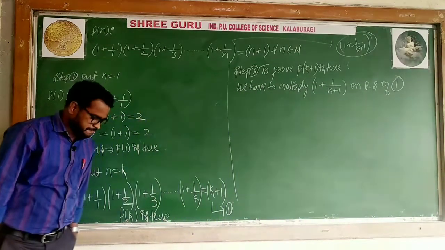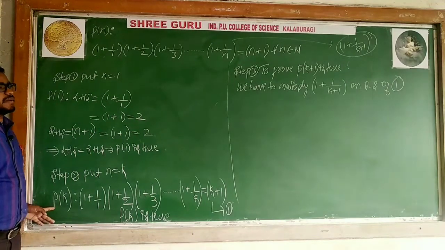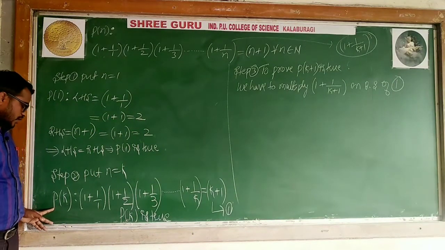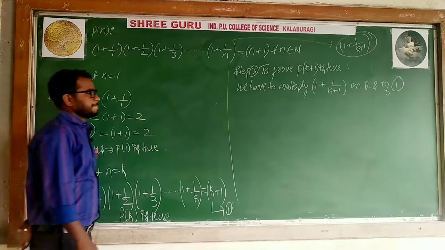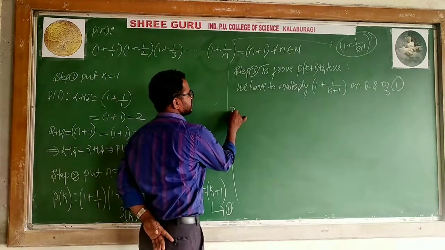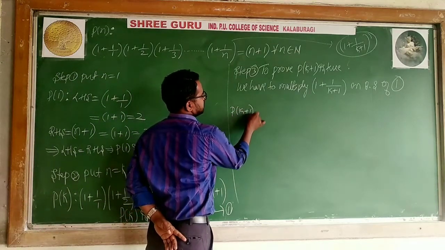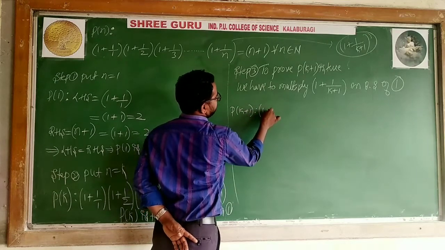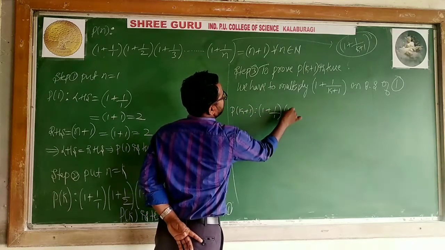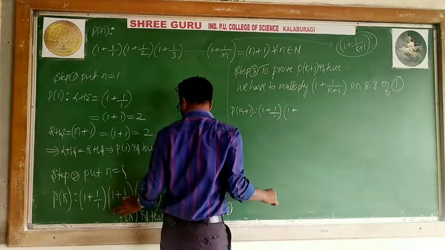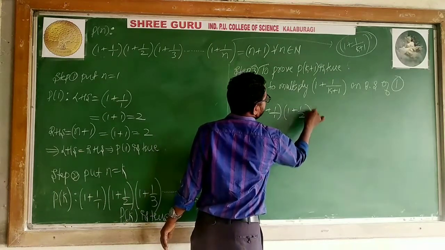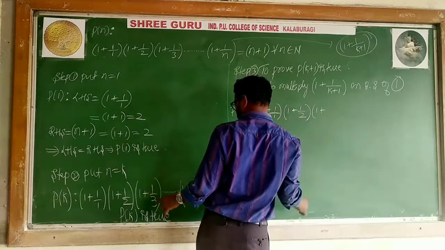P of k is always equation 1. Now we are proving P of k plus 1. What do we have? 1 plus 1 by 1, 1 plus 1 by 2, 1 plus 1 by 3.